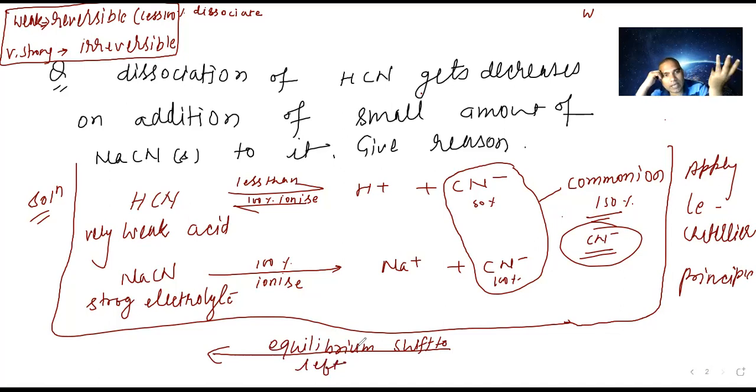So what will happen to the dissociation of the weak electrolyte? It's going to decrease. That is the required answer. The concentration of H plus ion decreases because H plus ion and CN minus are going to combine.